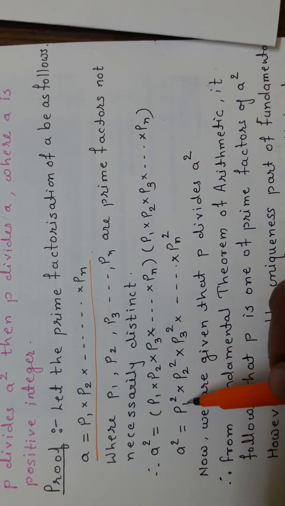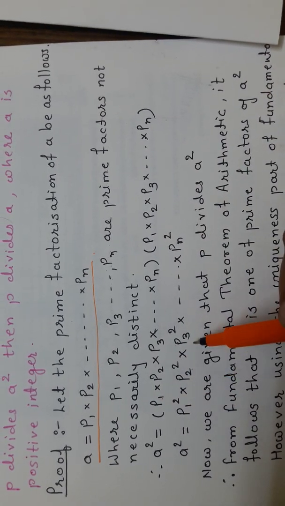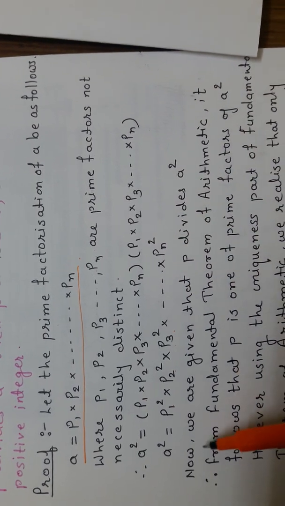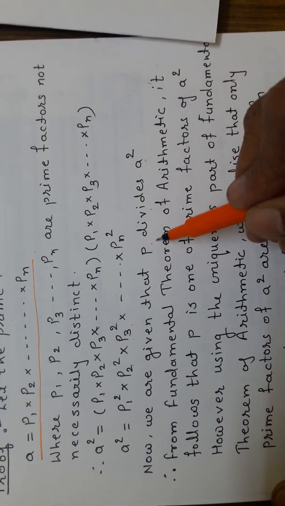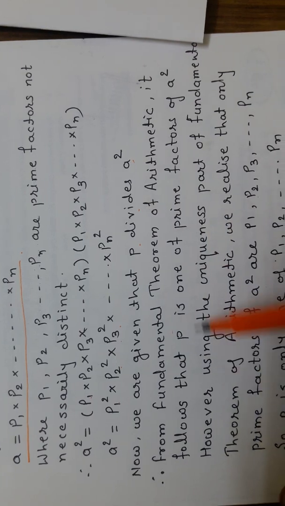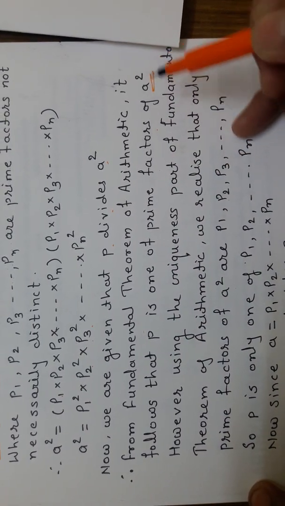A square is equal to P1 into P1, which is P1 square, into P2 square into P3 square to Pn square. Now, we are given that P divides A square. From the fundamental theorem of arithmetic, it follows that P is one of the prime factors of A square.